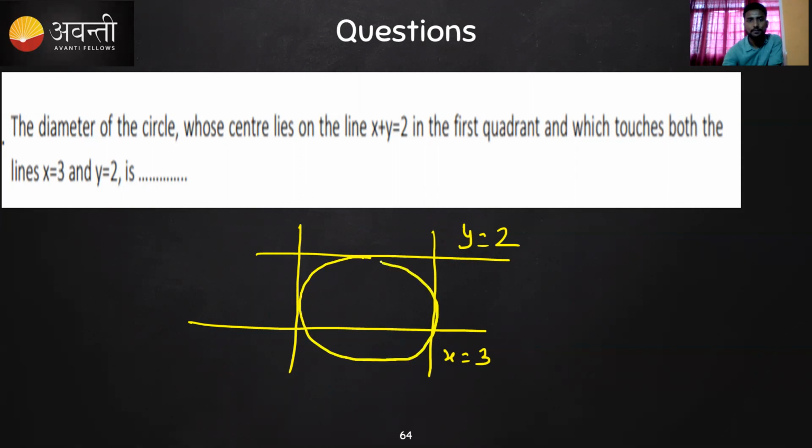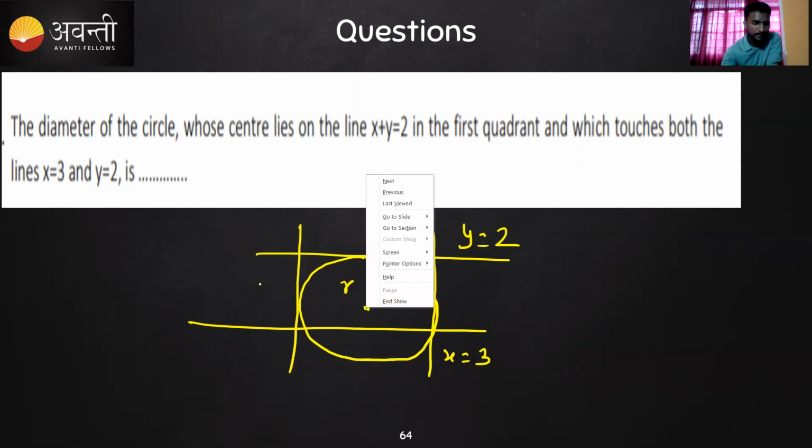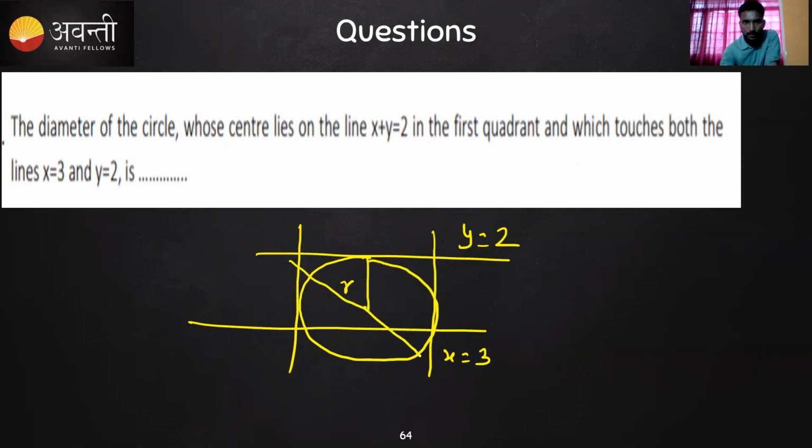It is just like that. And this is the center. So this is basically R, and this center is lying on some line. Suppose I'm just drawing this line, you can draw it also like this.